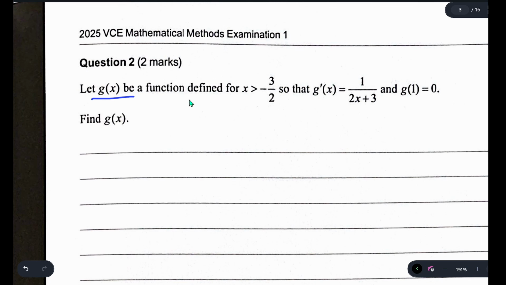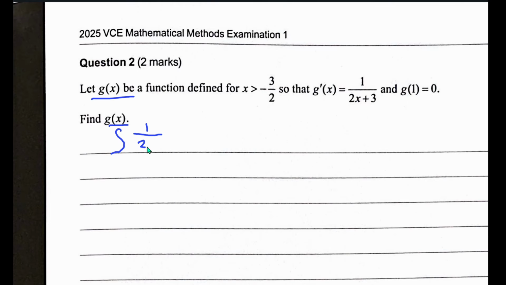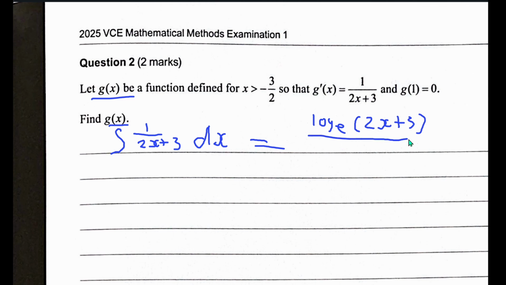Let g of x be a function, find g of x. Okay, so we've got to first integrate this. 1 over... g of 1 equals 0.